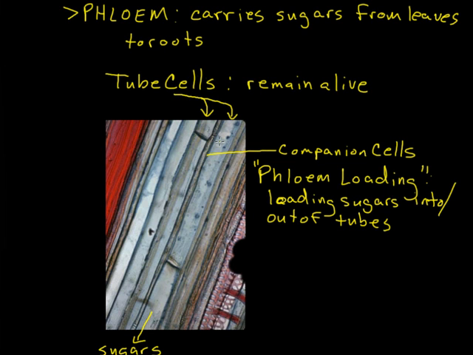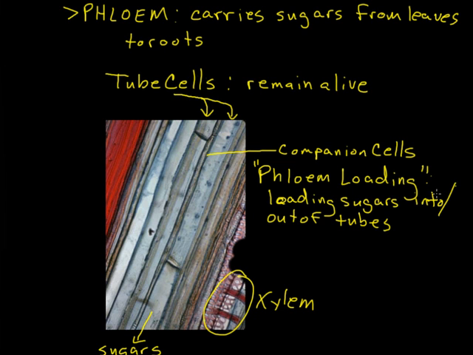And so for that reason, these cells must remain alive because it costs the cells some energy to pump those sugars or to load those sugars into the phloem. And so that's why the phloem cells have to remain alive, while the xylem cells over here can be dead at maturity, and it doesn't matter because all they're responsible for is carrying water.